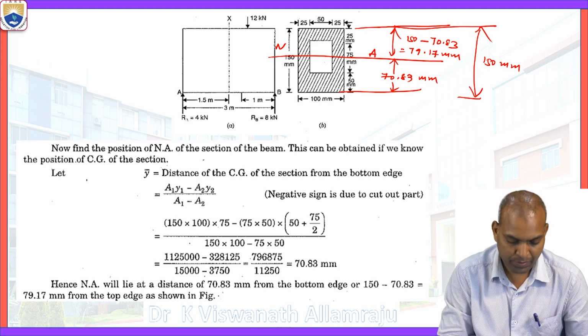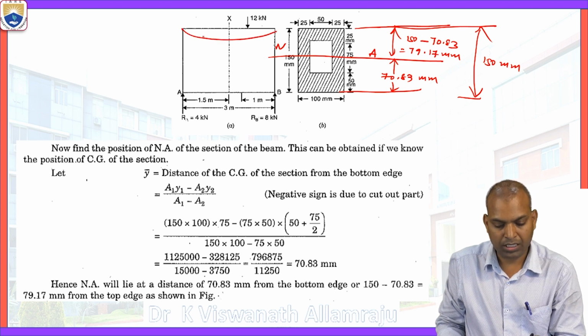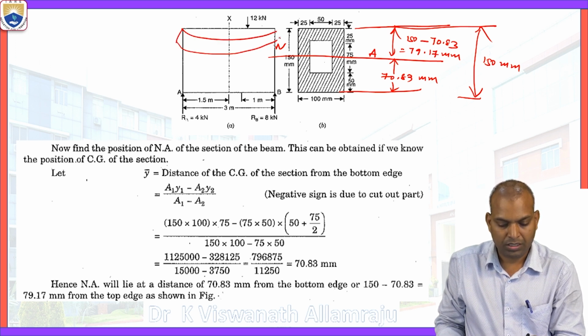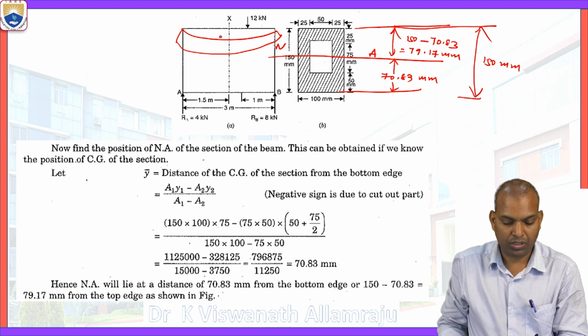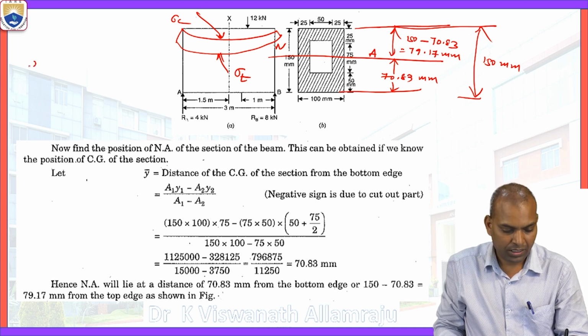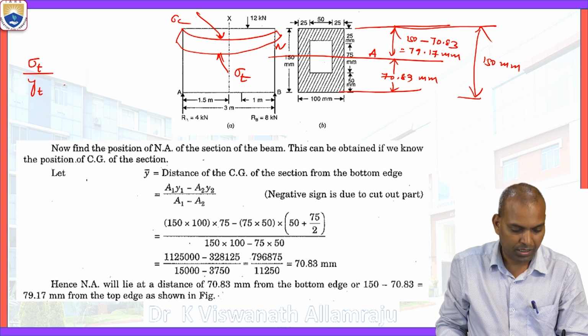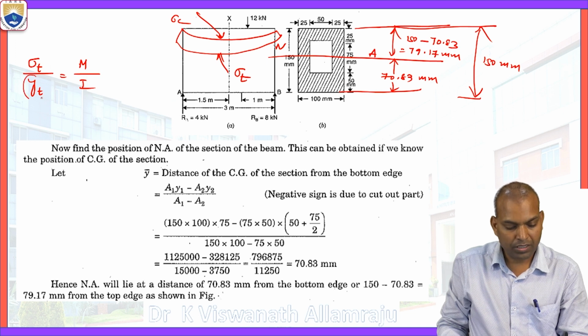When the beam is a simply supported beam subjected to a point load, the topmost layer experiences compressive stress and the bottommost layer experiences tensile stress. Now, in the case of sigma t by yt equals M by I, what is the yt here?